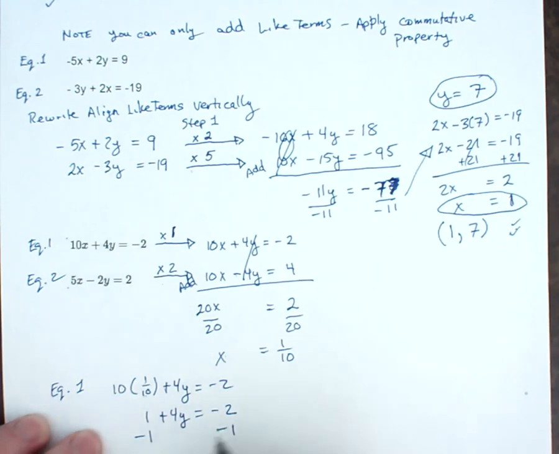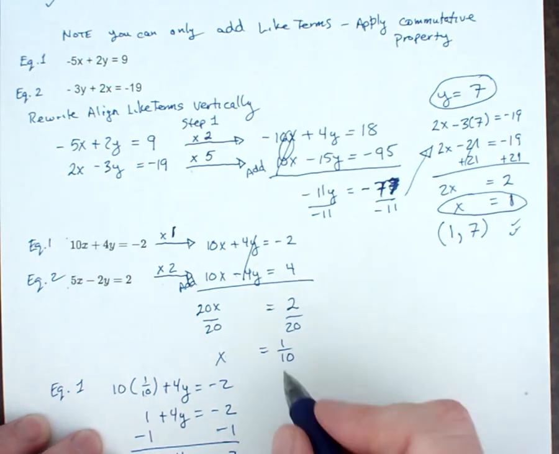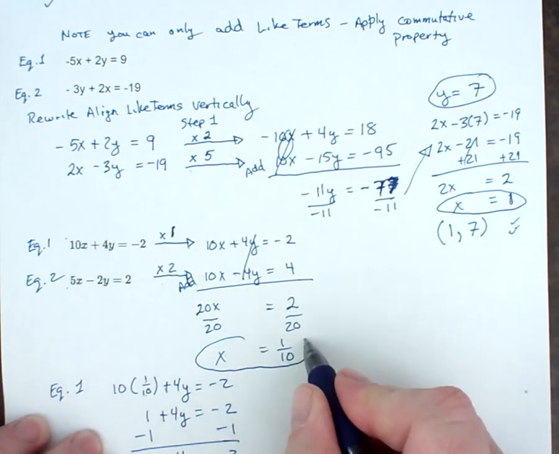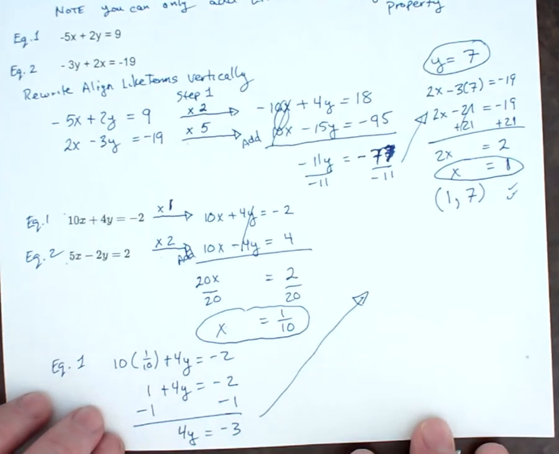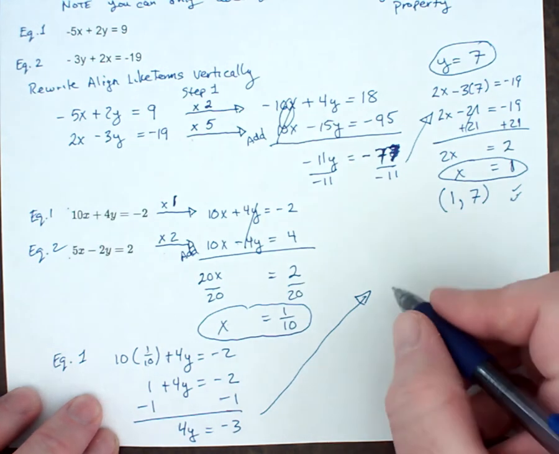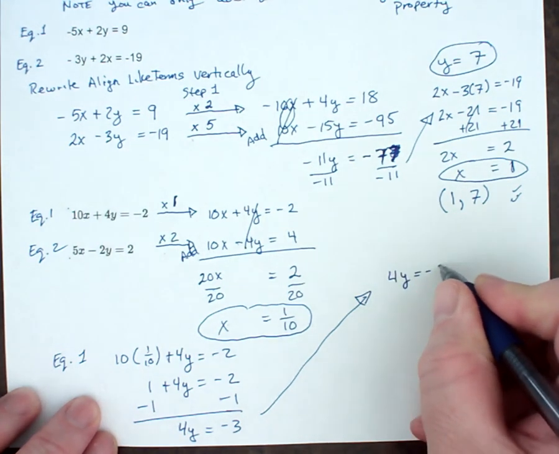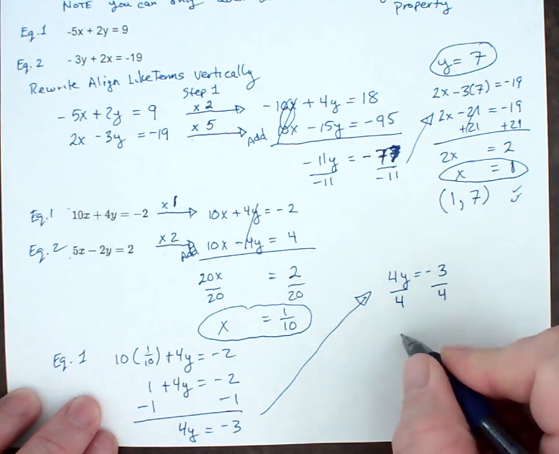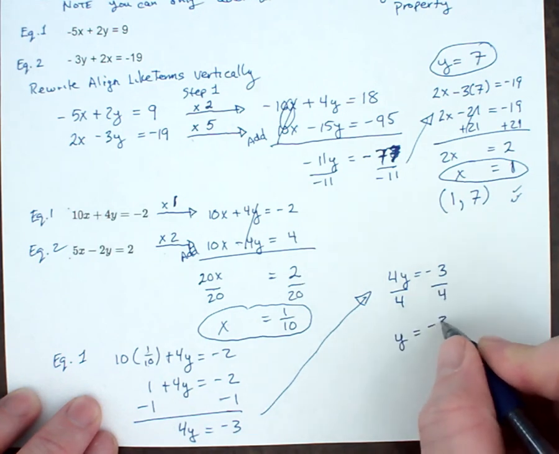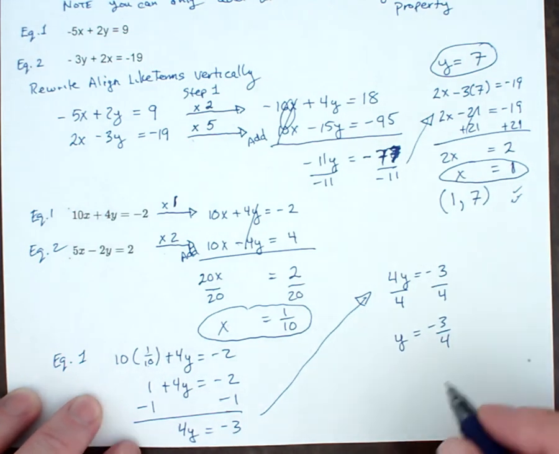Subtract 1. You get 4y equals negative 3. I'm going to divide by 4, and I get y equals negative 3/4, and I'm done.